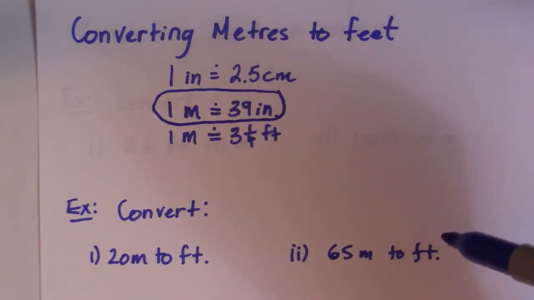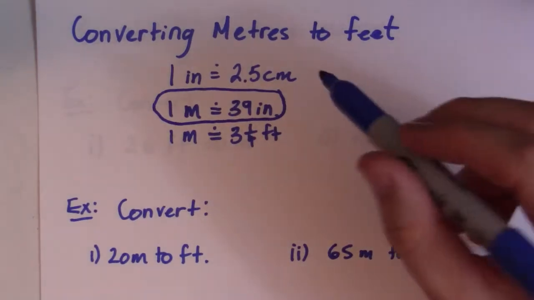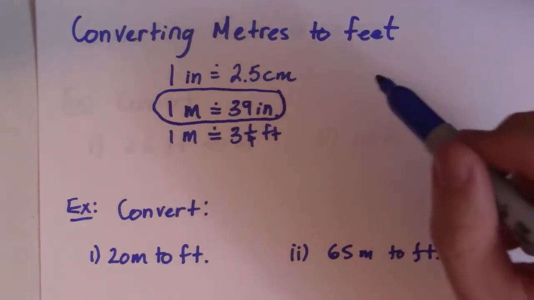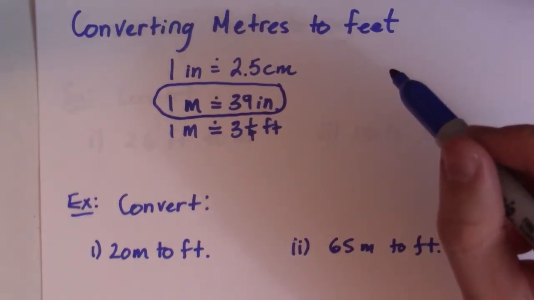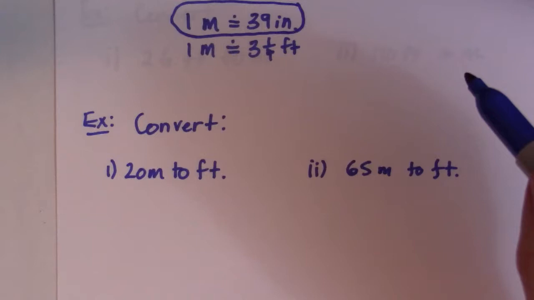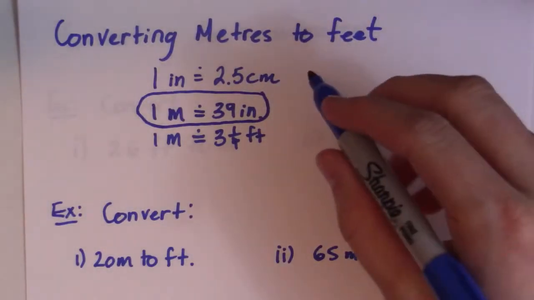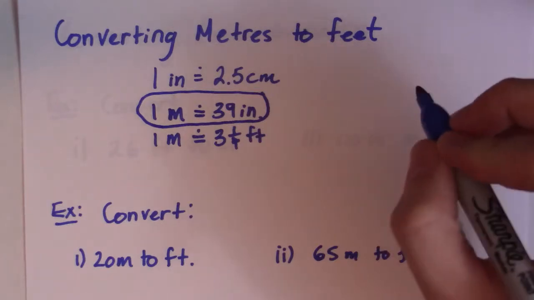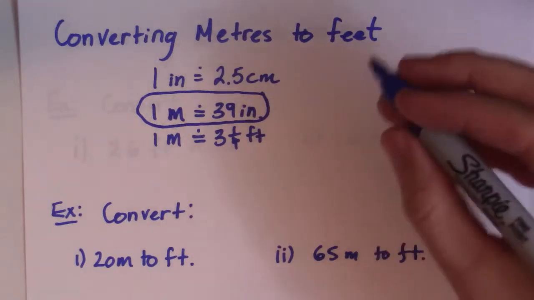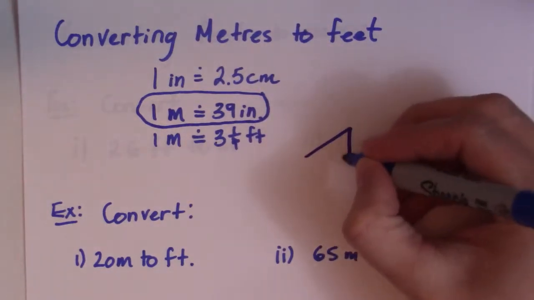So we're going to use that conversion factor, and we're going to use our power of proportionality to be able to solve these questions. I did a video on this explaining this idea, but proportionality is a really powerful way to use conversion factors. You've probably seen this before if you've done anything with similar triangles.